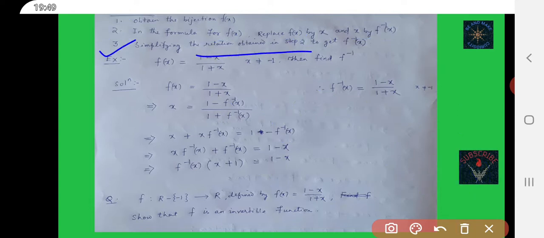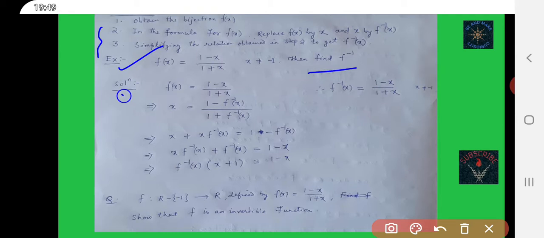Simplify the relation obtained in the step 2 to get f inverse x. This is the second method. These are the steps. So here, as f is a bijective function, already bijective, so no need to check. Okay, here given. Now you find f inverse.